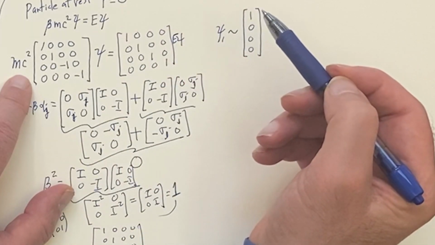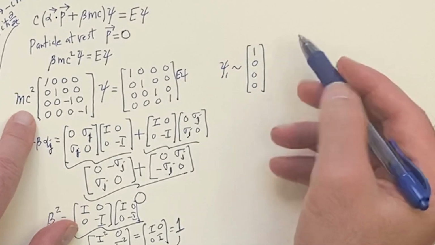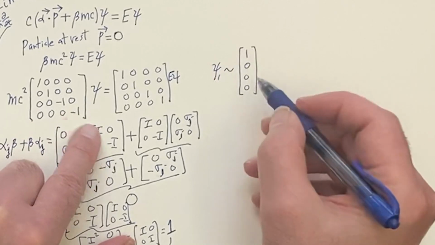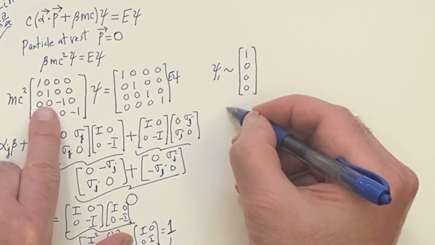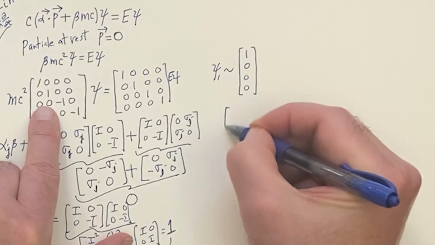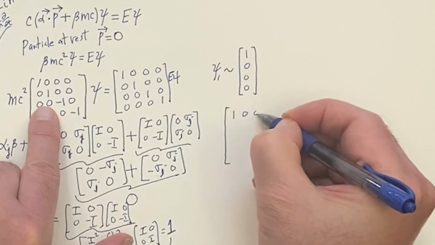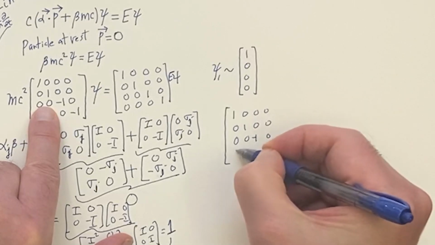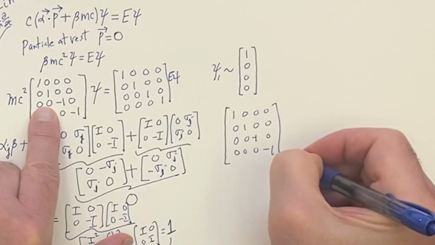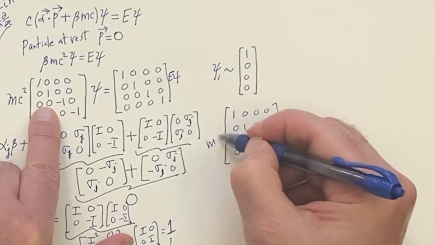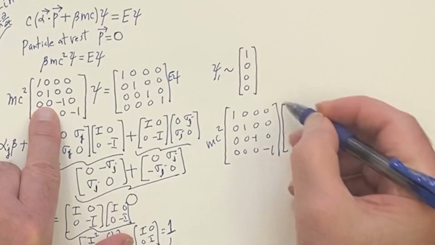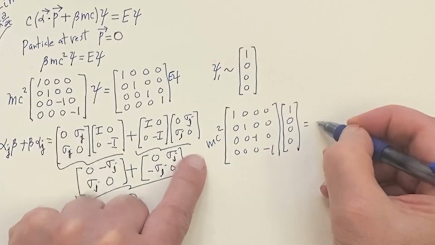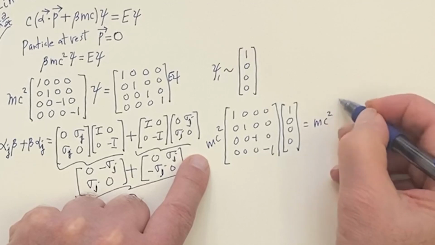Let's look at that here and prove that right here. For example, if you were to take this one here, with the mc squared, and multiply by this thing, you would get here mc squared.